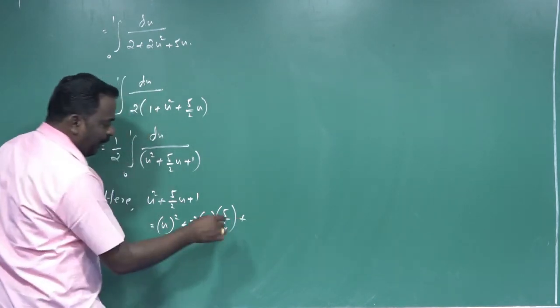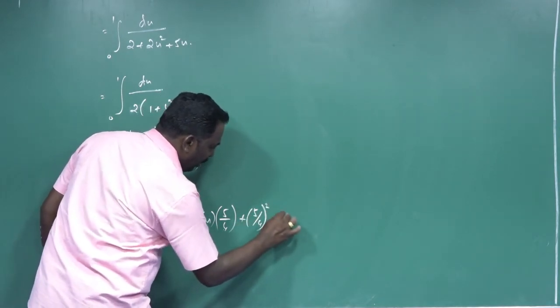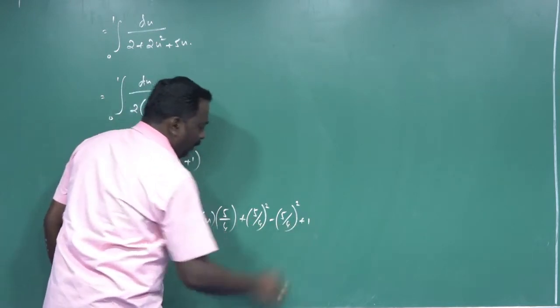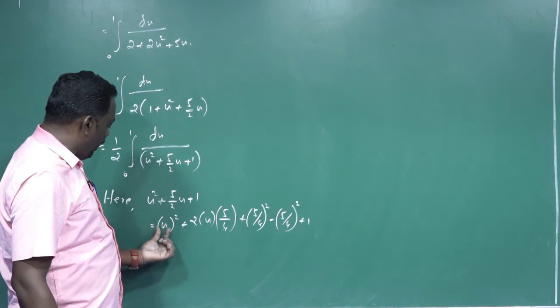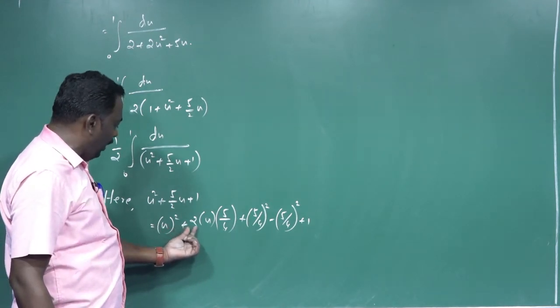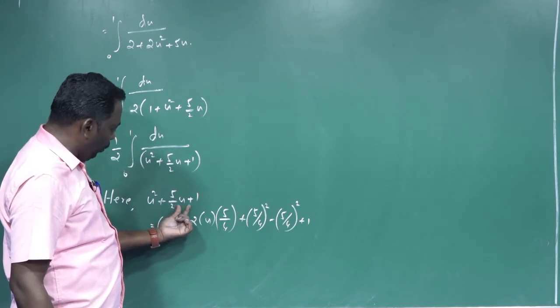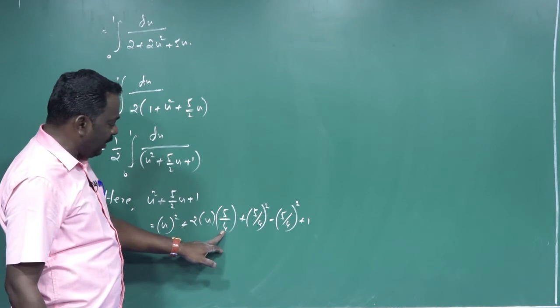We need b square, which is 5 by 4 whole square, minus 5 by 4 whole square, and again we have the remaining plus 1. To get the term 5 by 2 into u, we multiply with 5 by 4, and the 4s cancel, remaining 2.